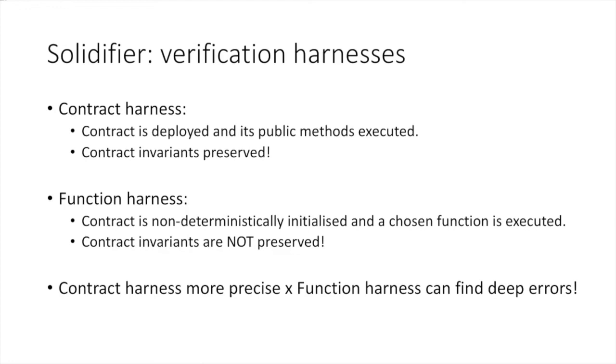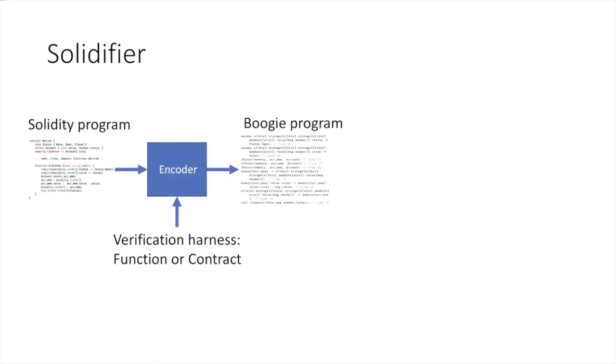And the other one is a function harness, where we basically try to analyze a specific function of a smart contract. While in the contract harness, we try to properly deploy and execute methods of a smart contract, in the function harness, we non-deterministically initialize the contract that we are trying to analyze. So while the contract harness is more precise, the function harness can actually find errors that are deeper in the execution of the smart contract, which can be something quite useful as well.